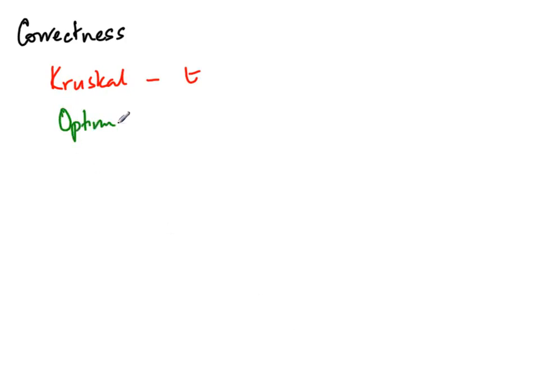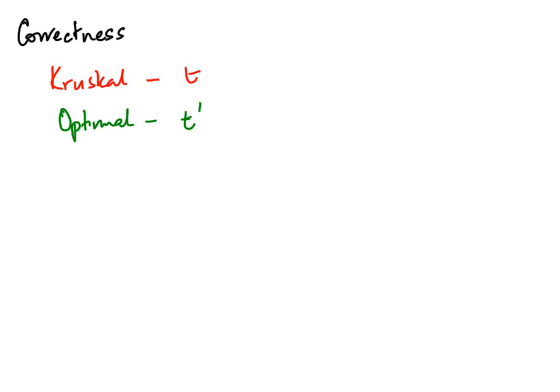So finally, let us look at the proof that Kruskal's algorithm actually produces a minimum cost spanning tree. So let's assume that Kruskal produces a tree T, and there is some other optimal tree T prime. As usual, we'll show that we can step by step transform T prime to T without sacrificing optimality.